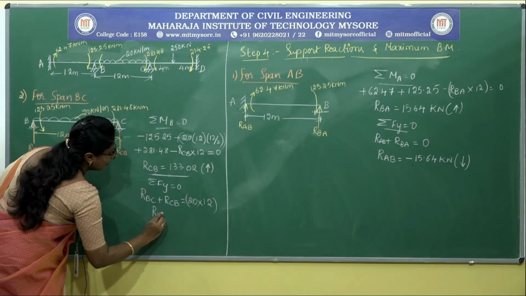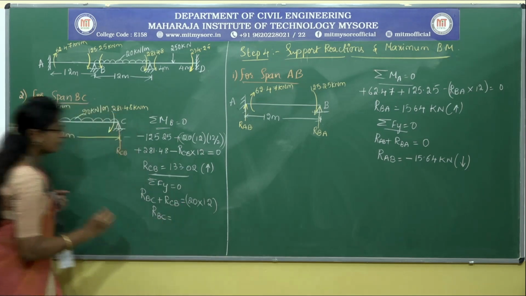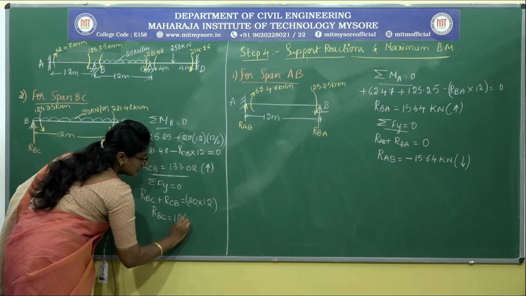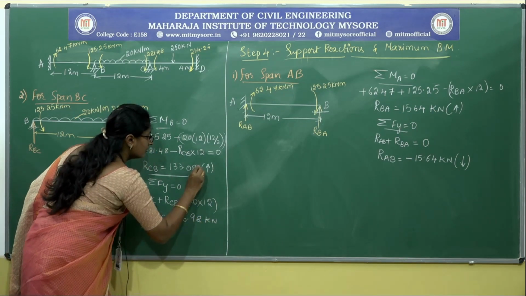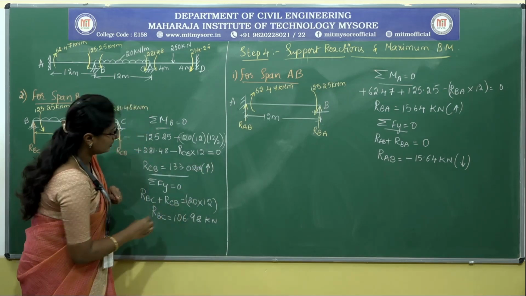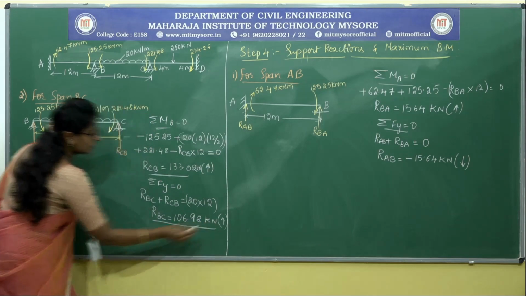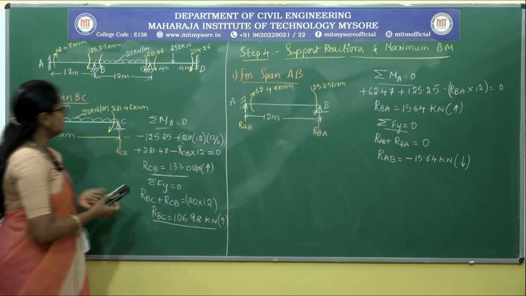Now the value of RBC is given by 106.98 kilonewton. Since it is positive, I consider the upward direction. Okay, this is for span BC.